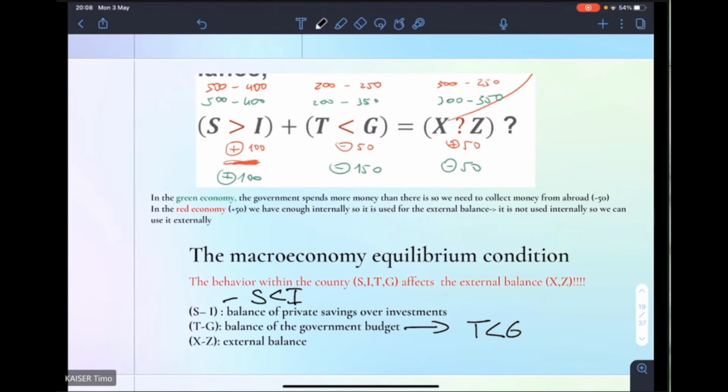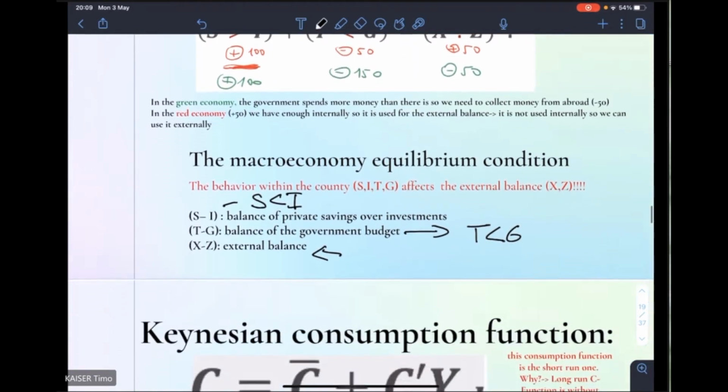And the last balance, the external one, if this one is negative, it would tell us that imports are bigger than exports, and this would tell us that we actually need to import more than we export. And these imports will then benefit our economy somehow. Okay. I hope these balances are clear.